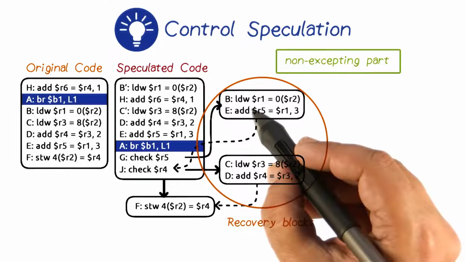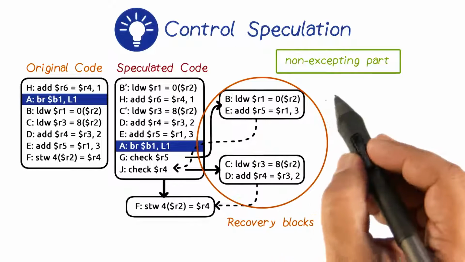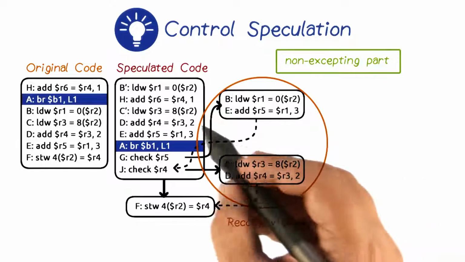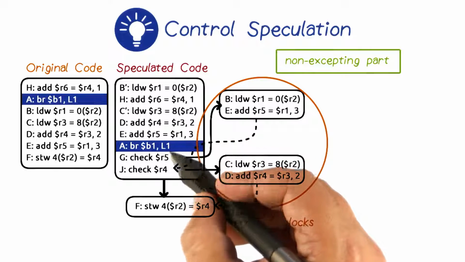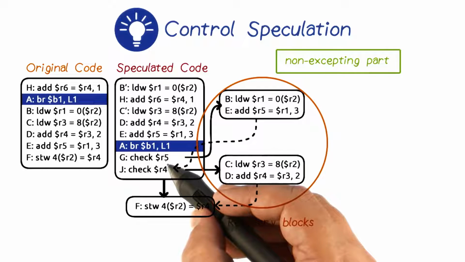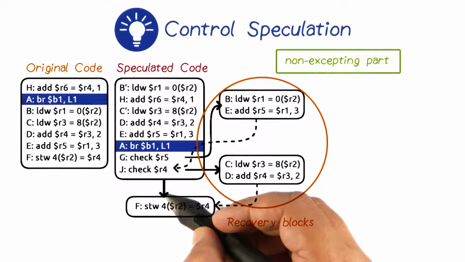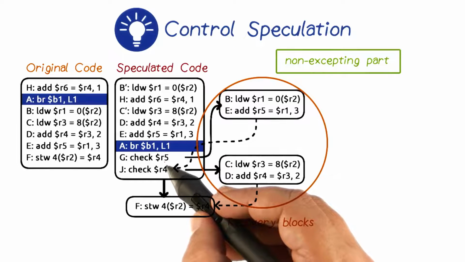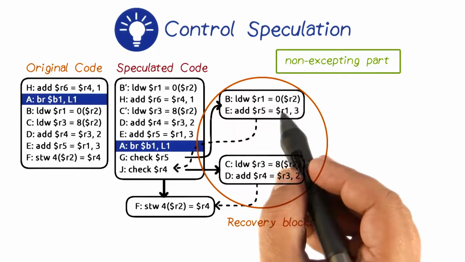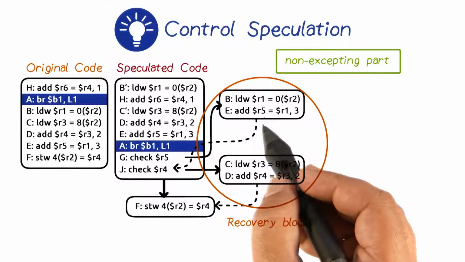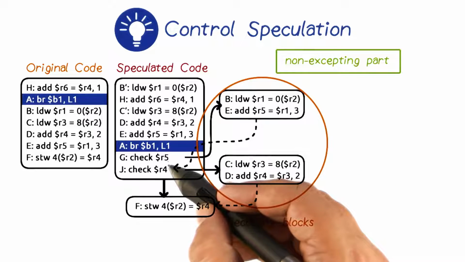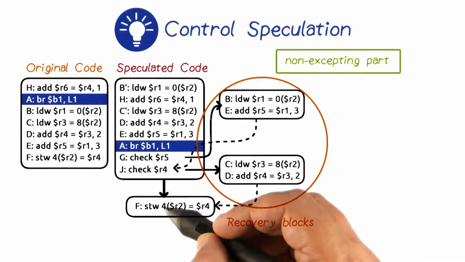These recovery blocks, of course, do not execute in the non-excepting path. The control flow simply keeps going straight down, and if the checks are passed, it keeps falling through and reaches this particular point. However, if one of the checks fails, it invokes the recovery part, and once the recovery is done, we come back here and start executing over here.